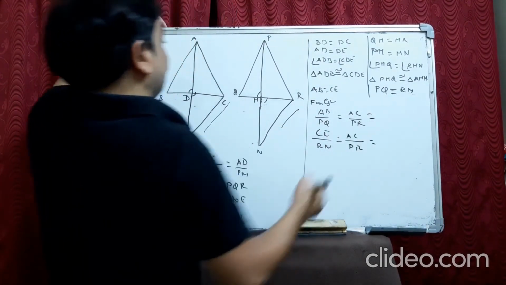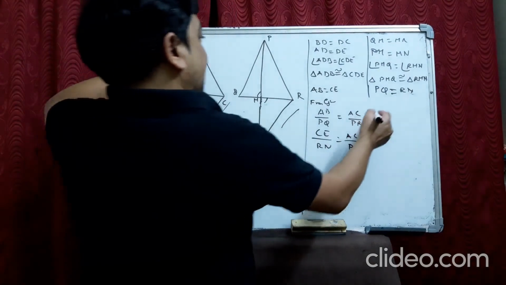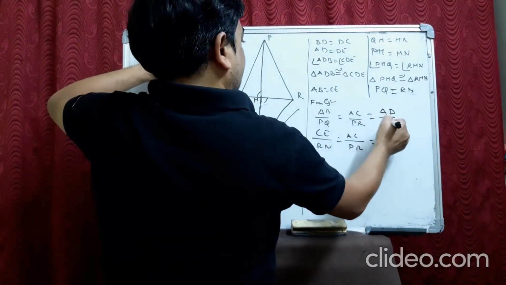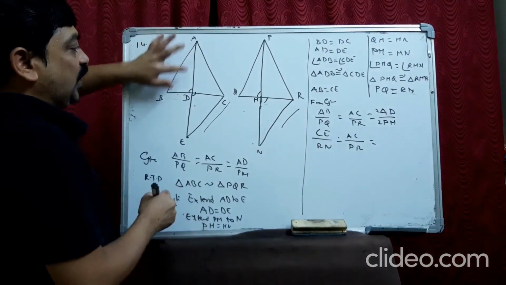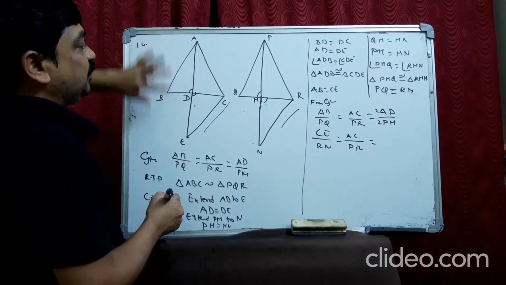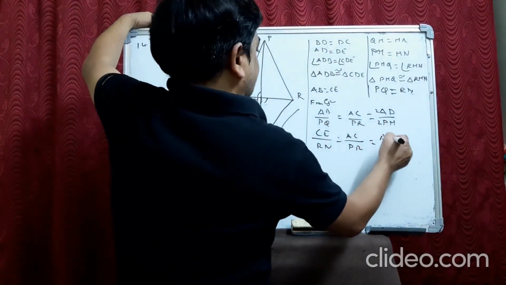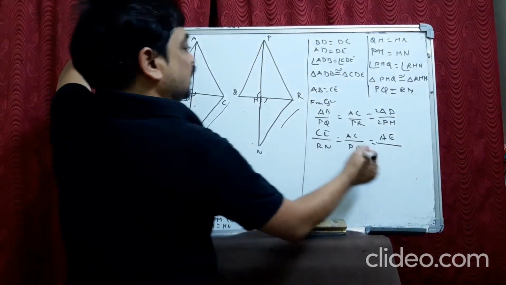Now the third side, what is the third side actually? AD by PM. We just multiply with 2 and divide with 2. 2AD becomes AE, and 2PM becomes PM.